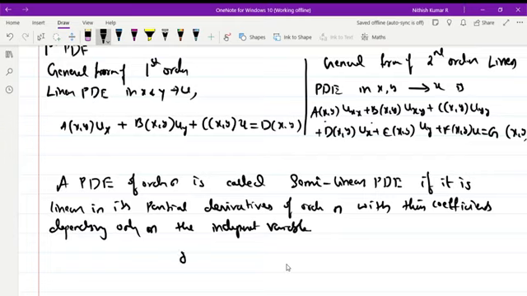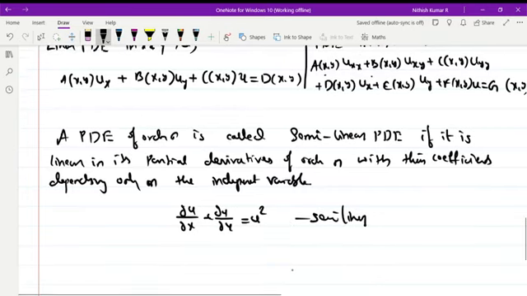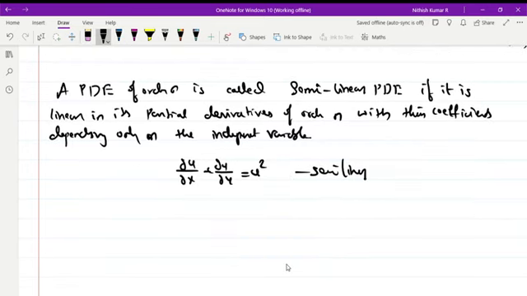The example is dou u by dou x plus dou u by dou y, which is equal to u square. So it's a semi-linear partial differential equation.